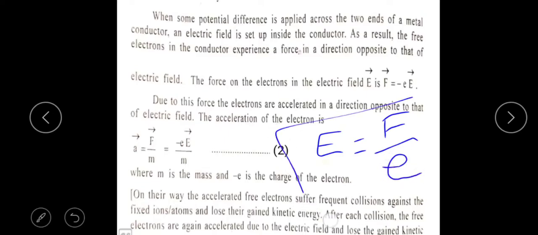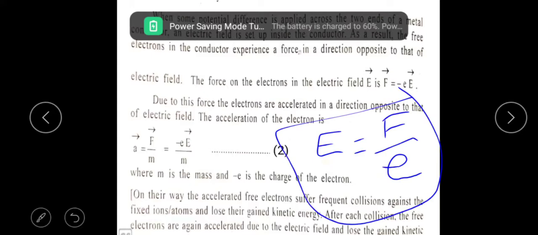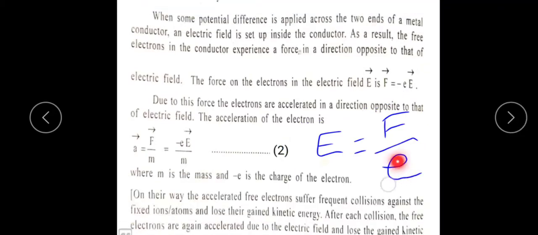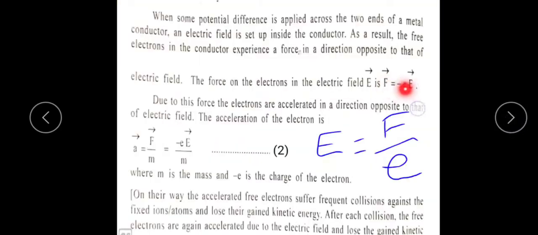So F is equal to e into E. The negative sign is there because the electric field and the flow of charge are in opposite directions.